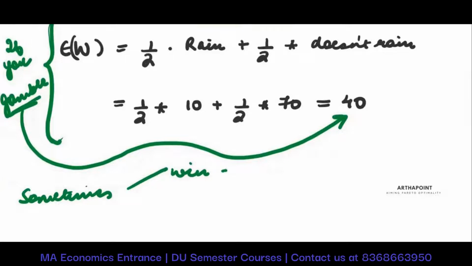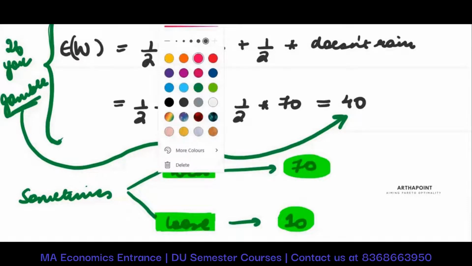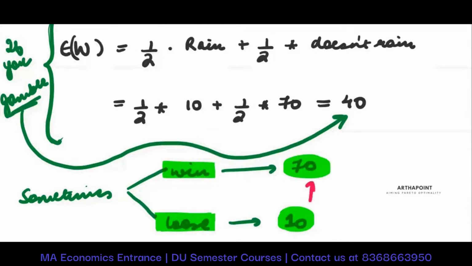Win means there will be no rain, which means you will earn 70. Sometimes you will lose, in which case you will earn only 10. So you can win and earn 70, or you can lose and earn 10. You can either win or lose, but on an average, you will make 40.